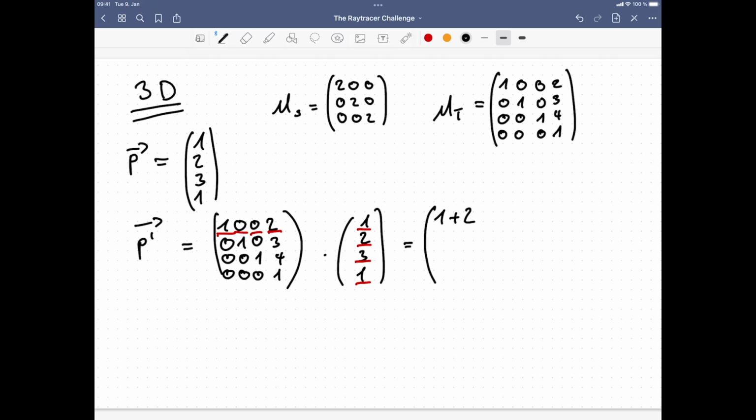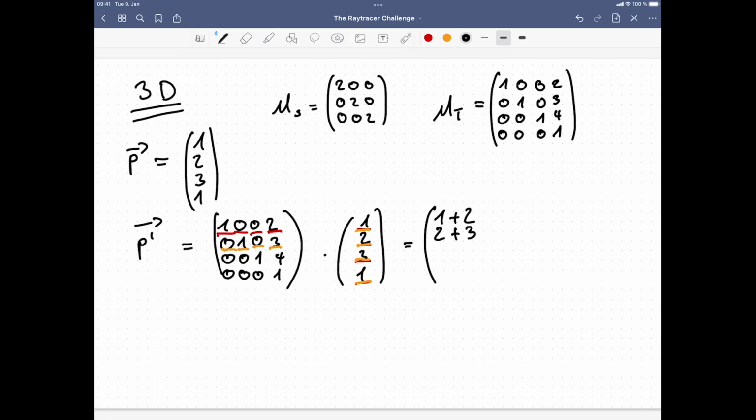So what are we going to have in the next row? In the next row, we actually have 0 times 1. We wouldn't want to write that out, but it is 0. Then we have 1 times 2, so we have a 2 there, plus 0 times 3 is 0, and 3 times 1. So we have a 3 here.